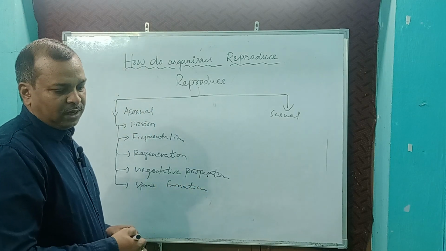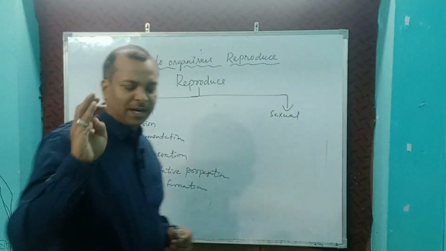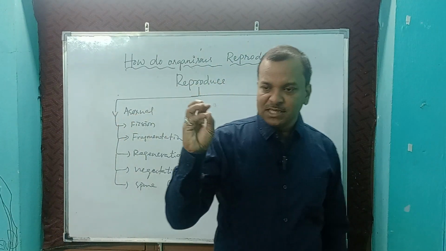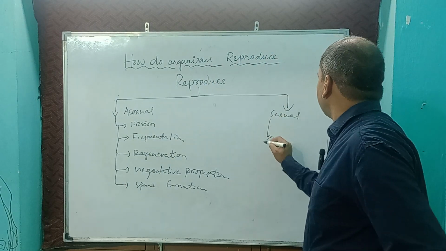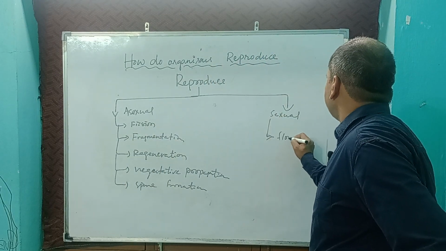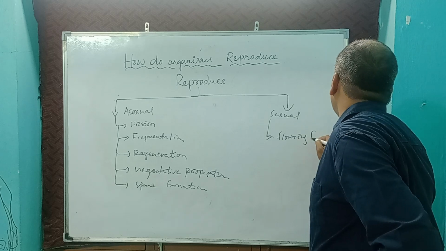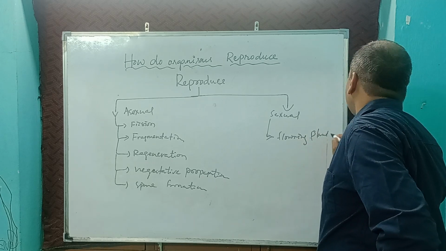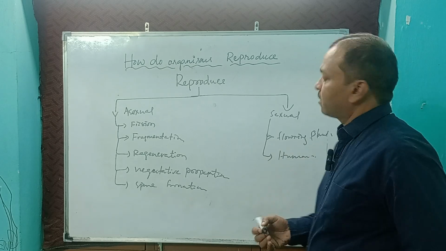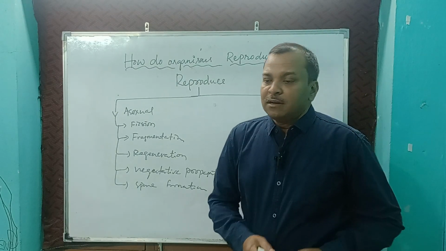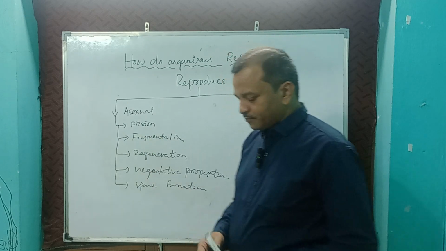So: fission, fragmentation, regeneration, vegetative propagation, and spore formation. In sexual reproduction, we will discuss how it occurs in flowering plants, and how reproduction occurs in humans. Let us discuss fission first.